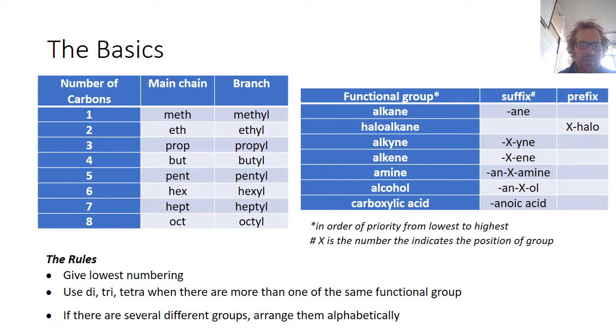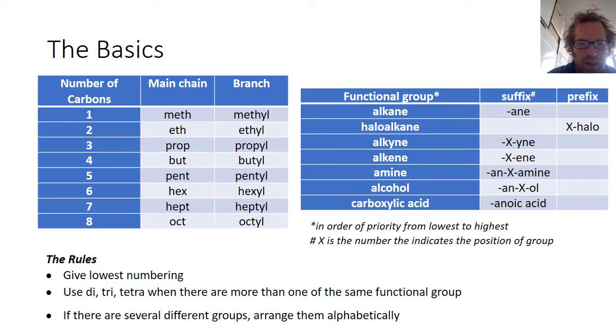So the basics. Before we go any further, we've got to remember what we learnt last year about carbons and how we name them. So this is really important, this table here, where we learn the different names for the different numbers of carbons in a chain. So you need to memorize this again.